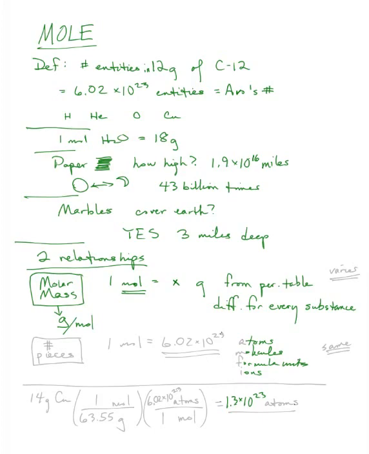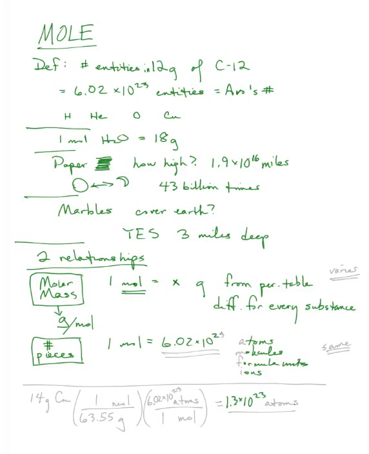Okay. The other relationship that's really useful is the number of pieces. A lot of times we don't need this one as much because we're not going to be dealing with individual pieces that often, but whatever pieces or entities we have, 1 mole is equal to 6.02 times 10 to the 23rd of them.